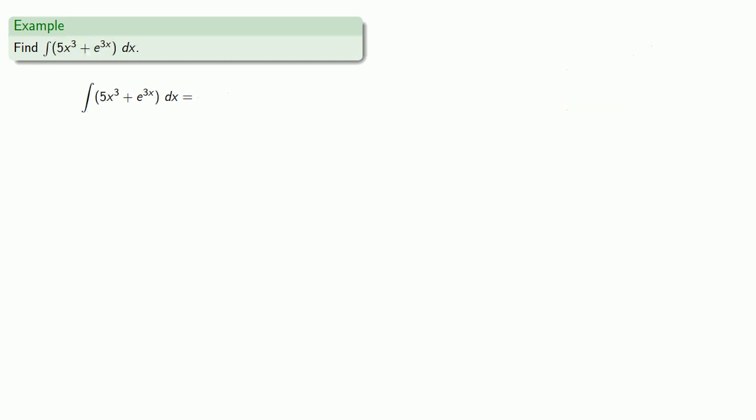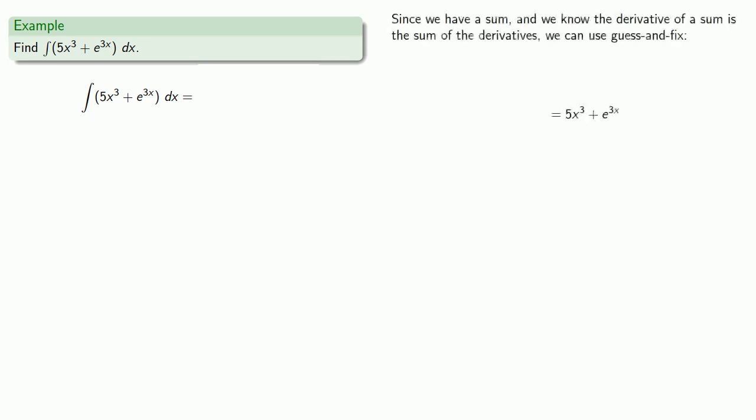That was fun. How about another antiderivative? As usual, it's helpful to identify what type of function we're dealing with here. In this case, our integrand is a sum, and we know that the derivative of a sum is the sum of the derivatives. So this 5x cubed plus e to the 3x must have come from a sum of derivatives.